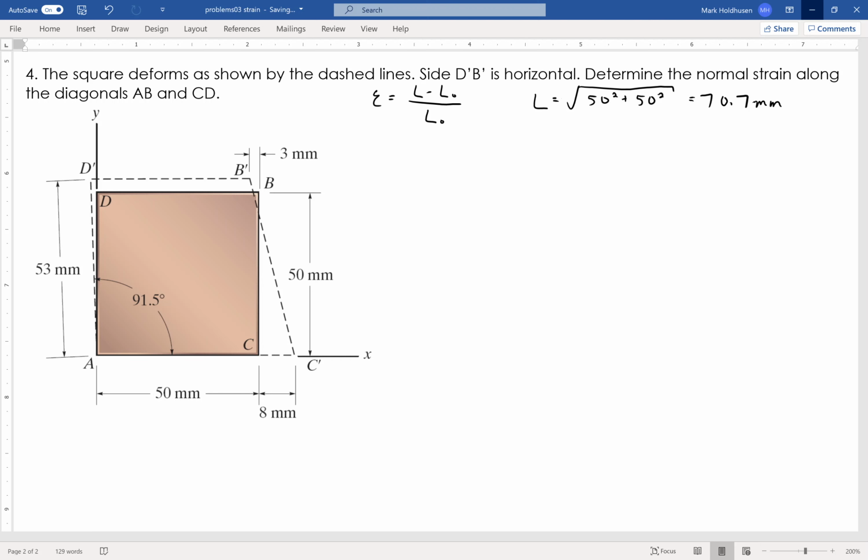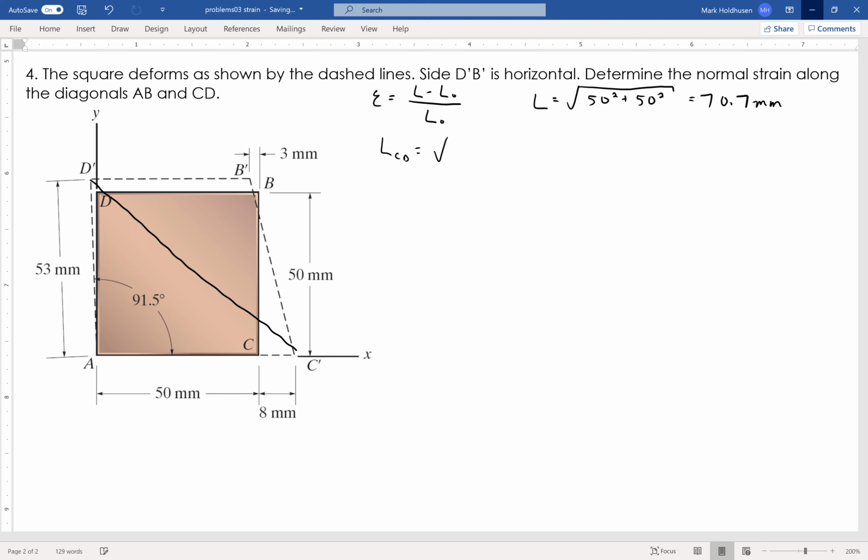Now, what I need to figure out is the new distance, basically, to the dotted lines. I'll start with CD here, so we'll go LCD. In this triangle, I'm just going to use the law of cosines because I know the angle, 91.5, and I know the length of both sides.